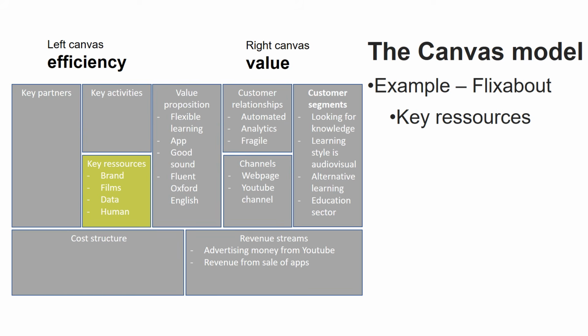We need people who know all about the different theories and are creative in communicating these. Flixabout's key activities are getting these creative people to work together. This applies to both those who come from within the organisation and those who are from the outside.